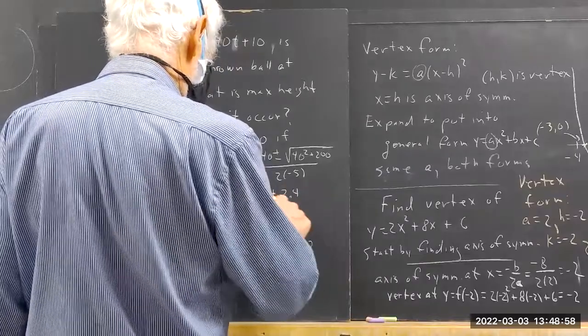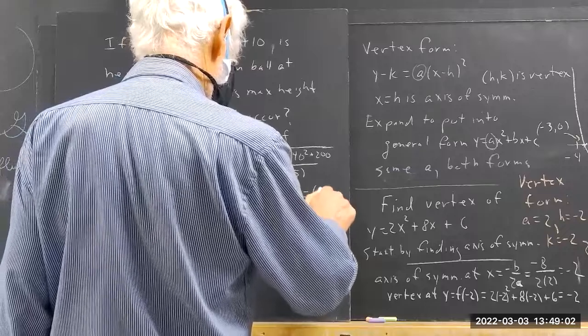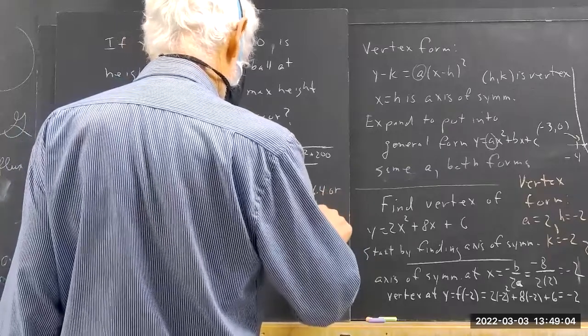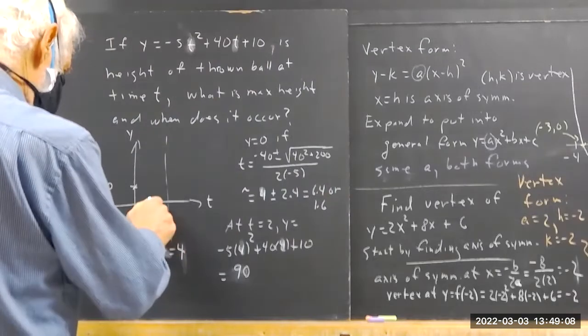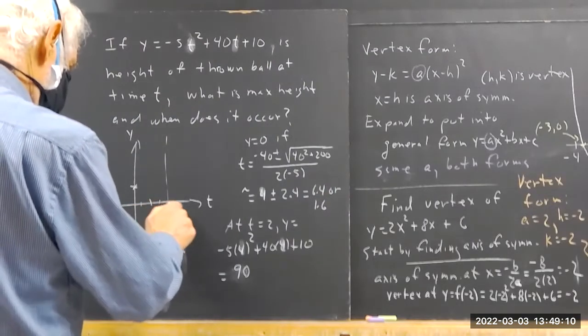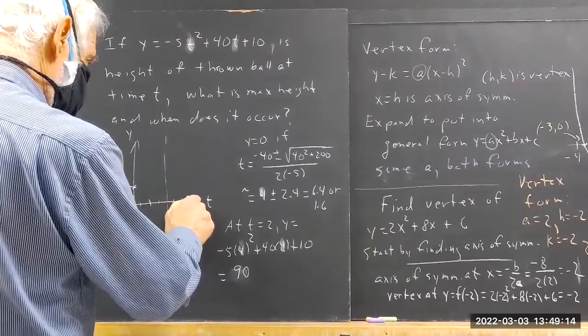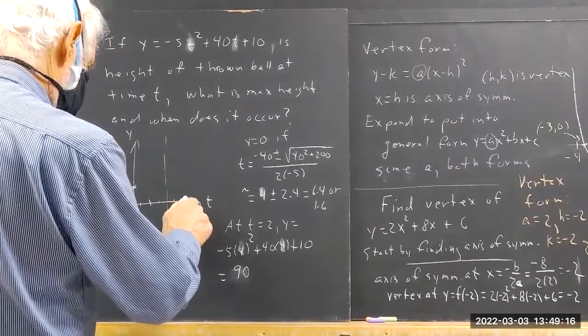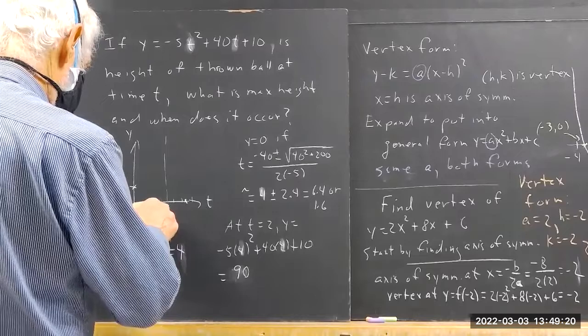Approximately 4 plus or minus 2.4, which is 6.4 or 1.6. So this is 4. Here's 2, here's 1, here's 3, here's 6, here's 5, here's 7. 6.4 would be about here. 1.6 would be about here.